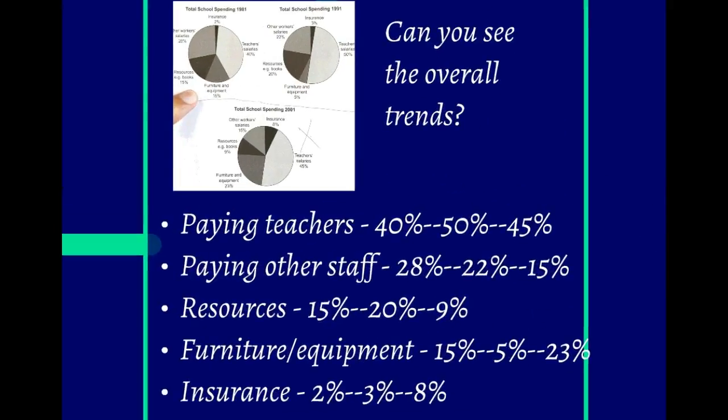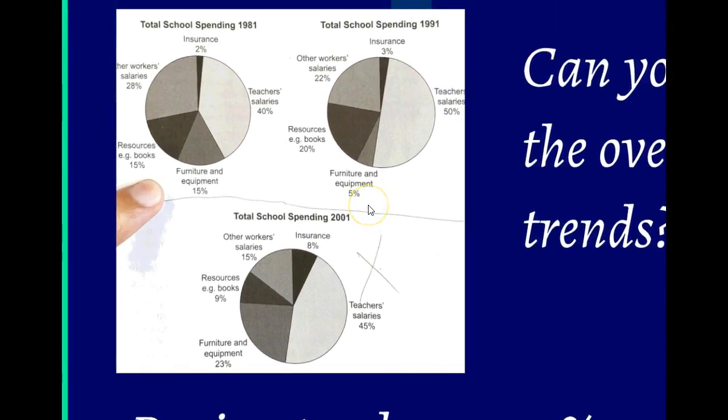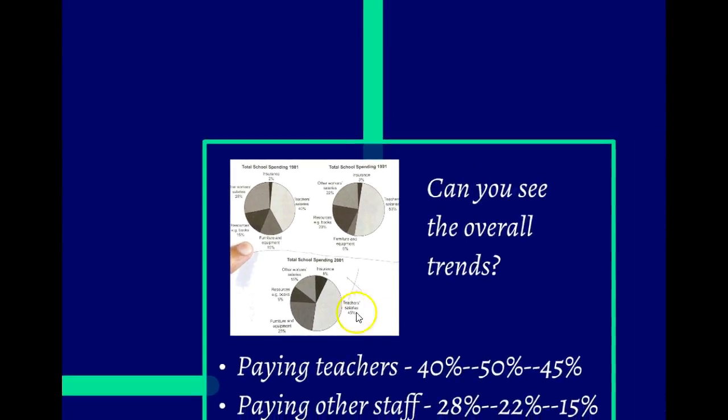So, can you see the overall trends? I know the picture's a bit smaller here. Just have a look at it again. Follow from 1981 to 91 to 2001. What have you noticed? Let me make it smaller again.